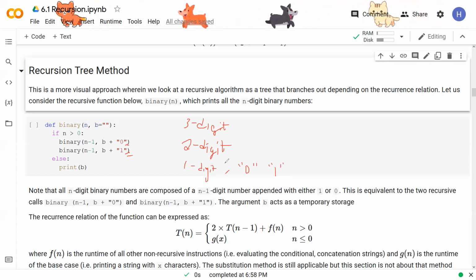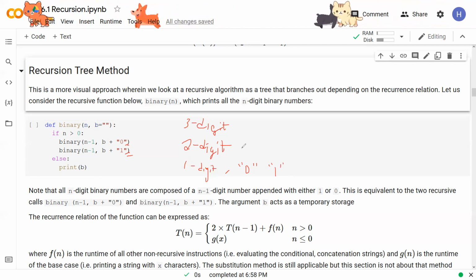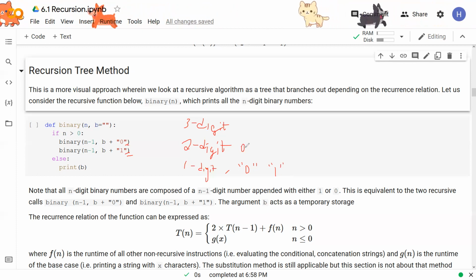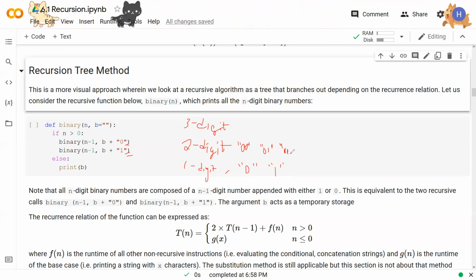So, yung ating mga 2 digits ay yung mga 1-digit number na lalagyan natin ng either 0 or 1. So, 0, 0, or 0, 1, and then, ito din, 1, 0, tsaka 1, 1. So, yung mga 3-digit naman is magdadagdag ako ng 0 or 1 dito.